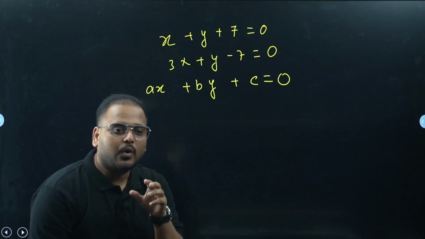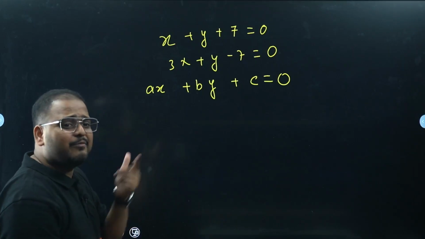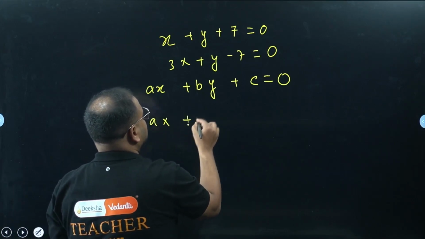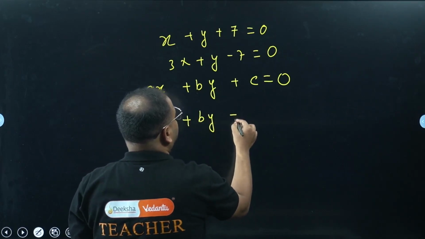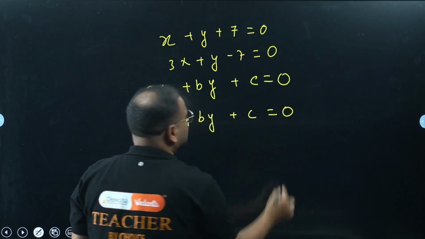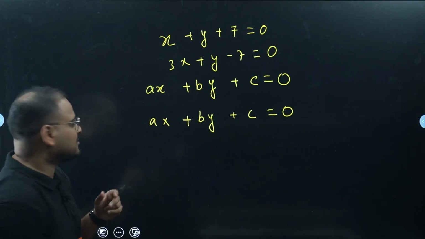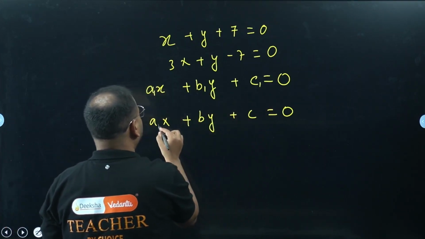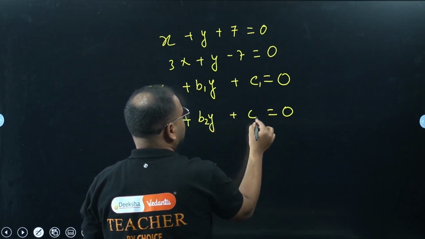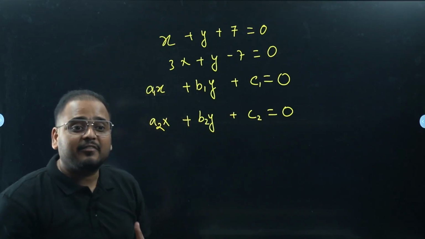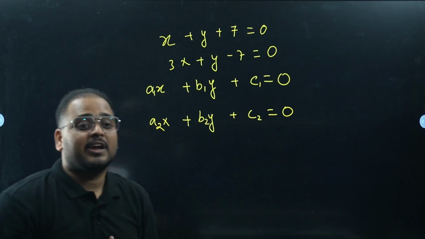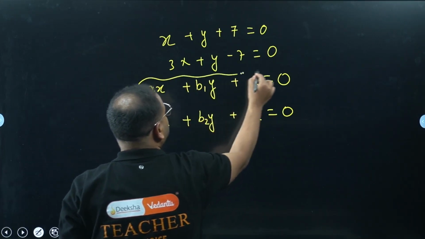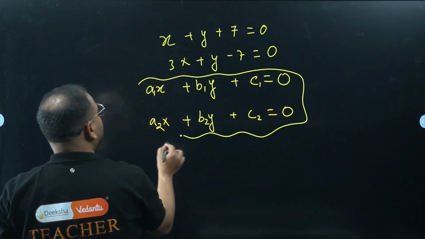But if I have to write two equations, ax plus by plus c equal to 0, sir, they are the same equation. How are they two equations? I can write here a1, b1, c1, a2, b2, c2. So this is the standard form of a linear equation in two variables when we have two equations to deal with.